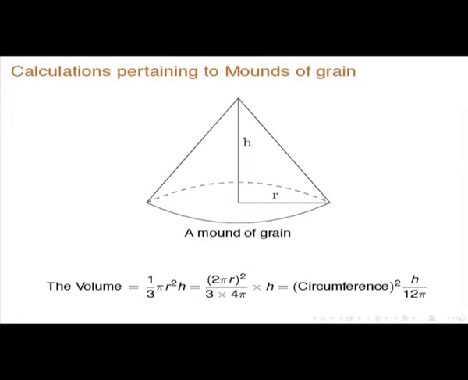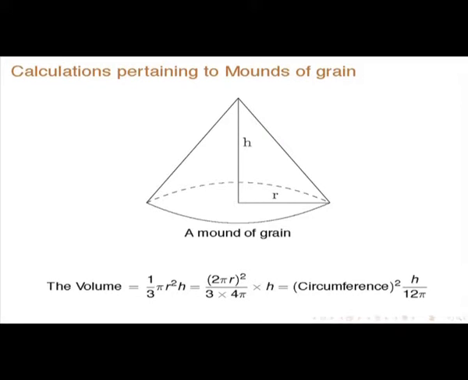Then he talks about calculations pertaining to mounds of grain. Suppose a mound of grain is in a conical figure. We know that the volume is 1/3 the base area into height.